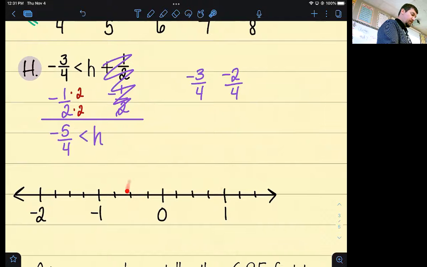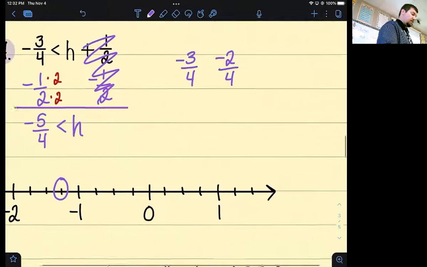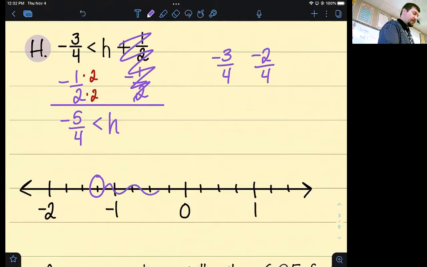What's this one? -2/4. What's this one? -3/4. This one's -4/4 or -1. What's this one? -5/4 or -1 1/4, right? Both of them are the same. So do I put an open or closed circle there? Open. Is H bigger or smaller? Bigger. Shade to the right.